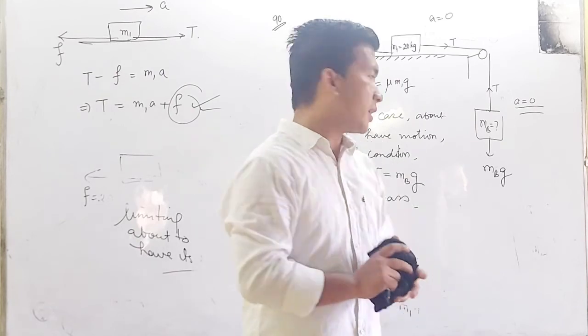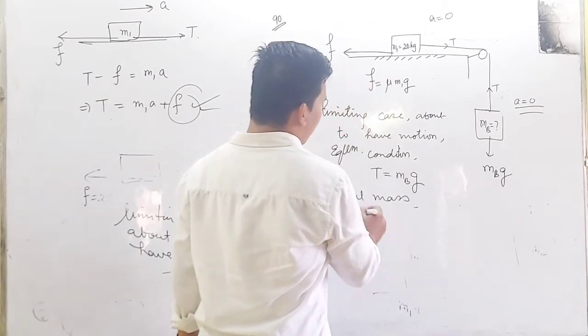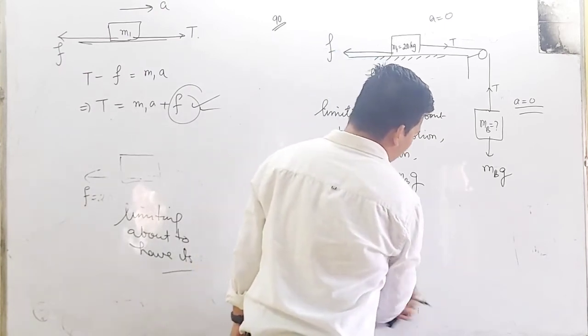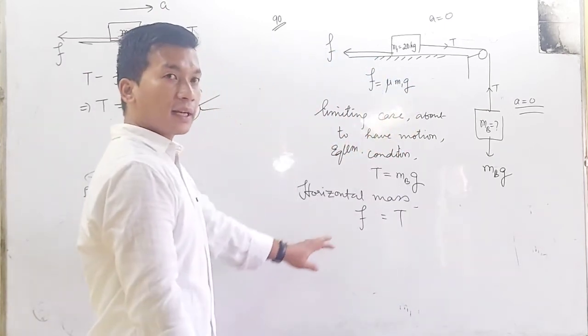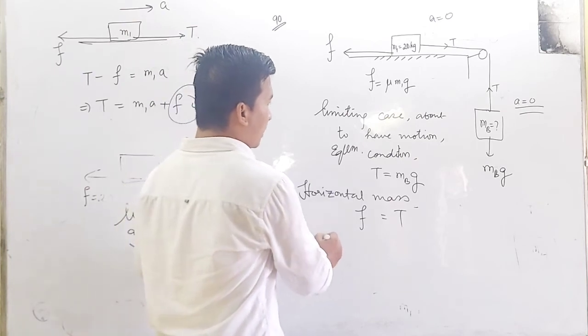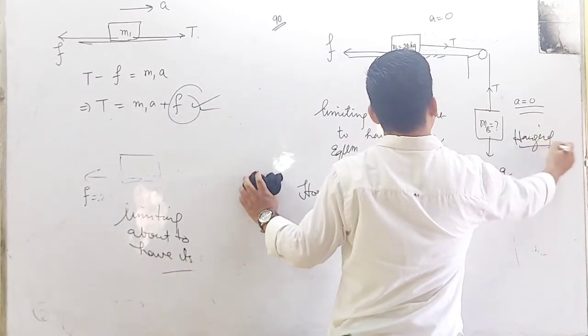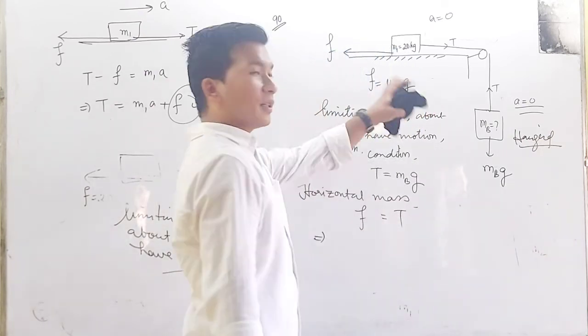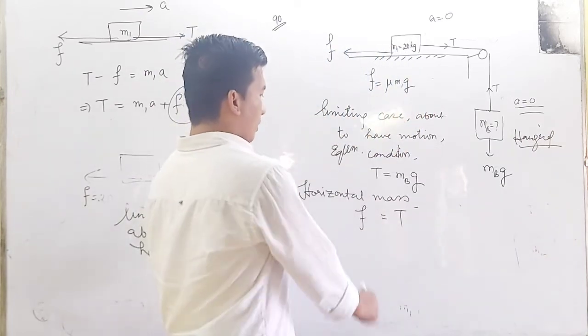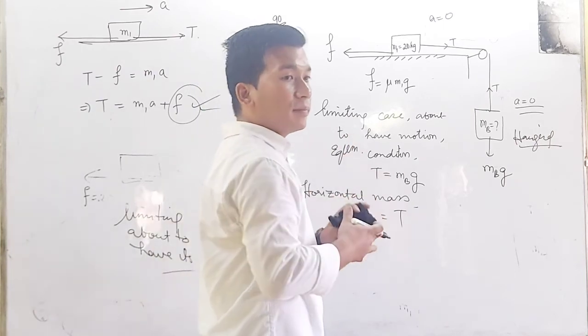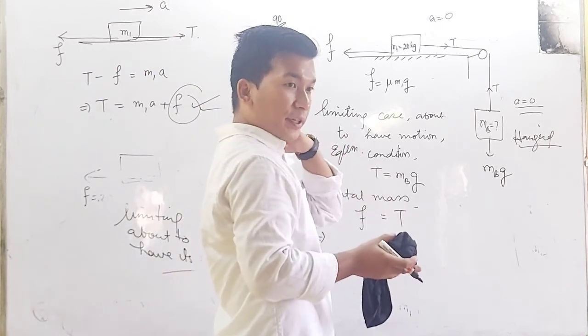Here F will be equal to T. This is for your hanging case: the weight will be equal to the tension T. The value of mu is 0.3.